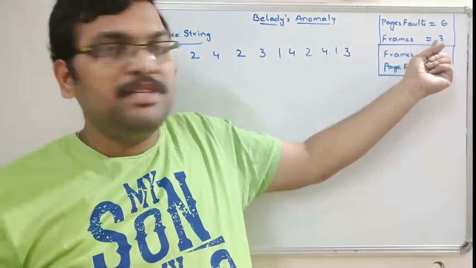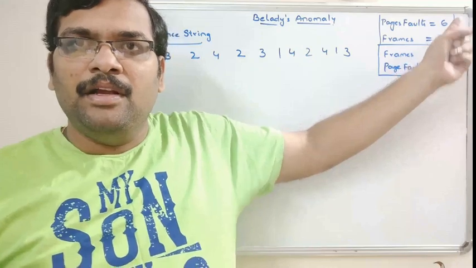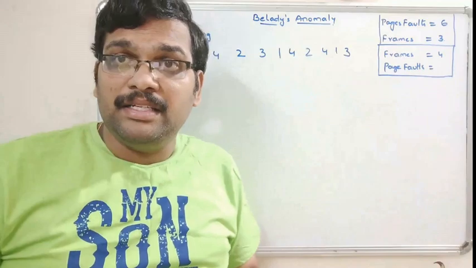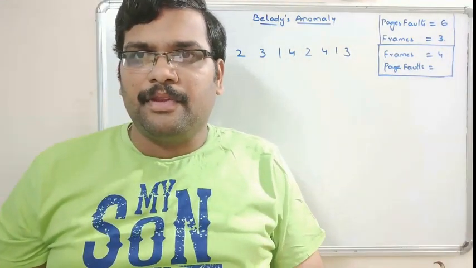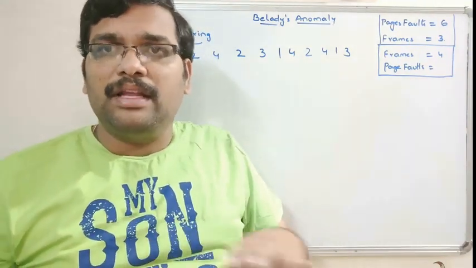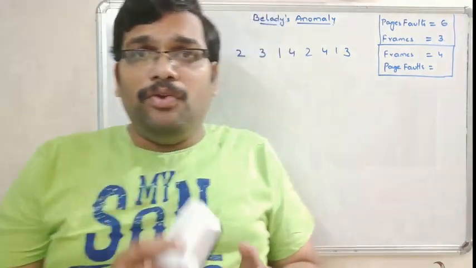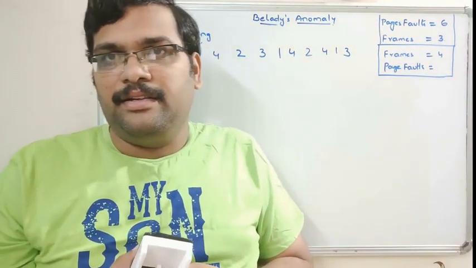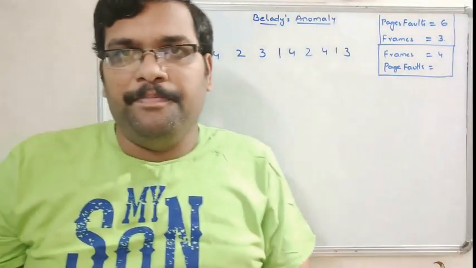We took the frames as 3, so we got the page faults as 6. Now, if we increase the frames, that means if the main memory contains more frames, automatically the page faults should decrease, right? But in FIFO, this may not happen for all reference strings. For some reference strings, even though you increase the number of frames, the page faults may also increase. Such a phenomenon is called Belady's anomaly problem, right?